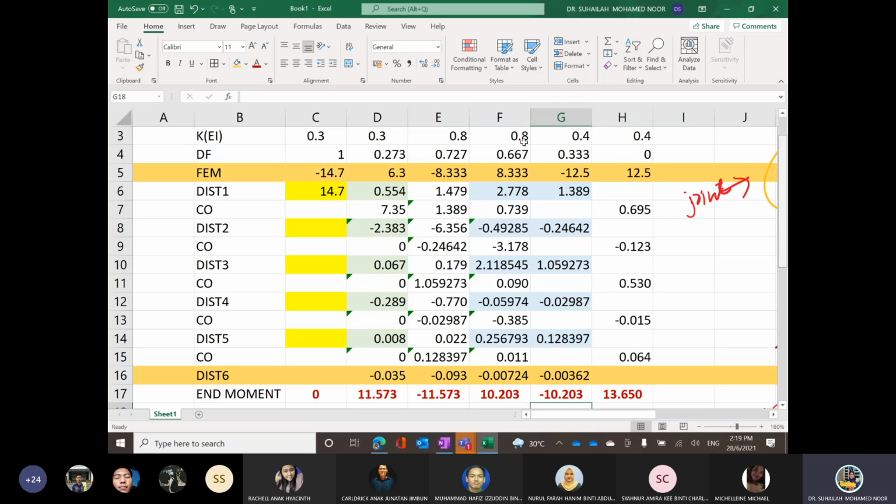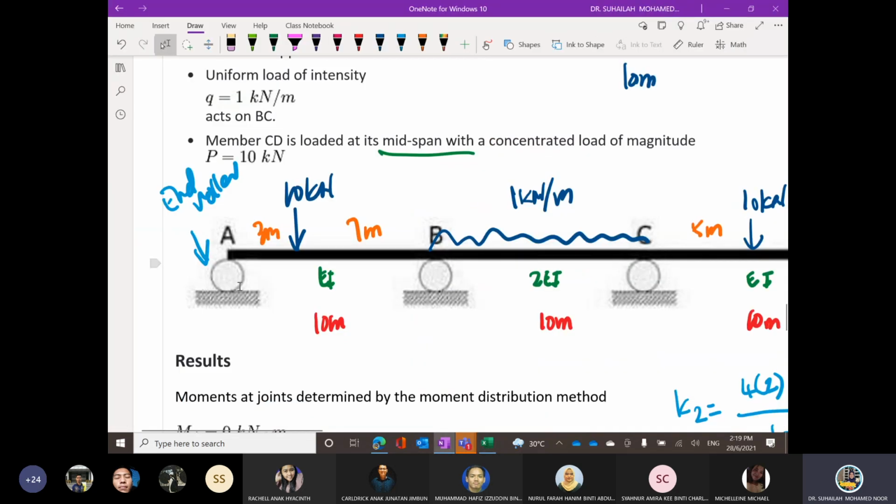Okay, these are actually the process. So in this example, because the end A is roller. Last week we have discussed whenever both ends, A fixed, D also fixed. This time one is roller, another one is fixed.